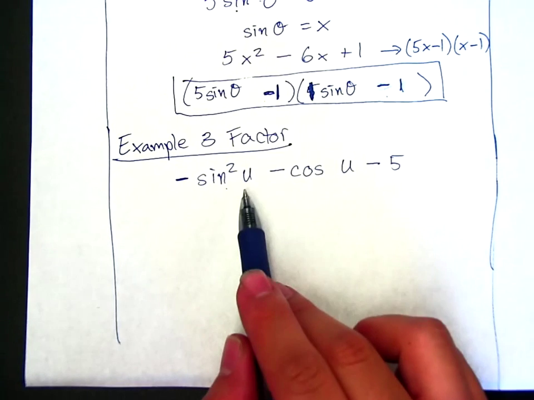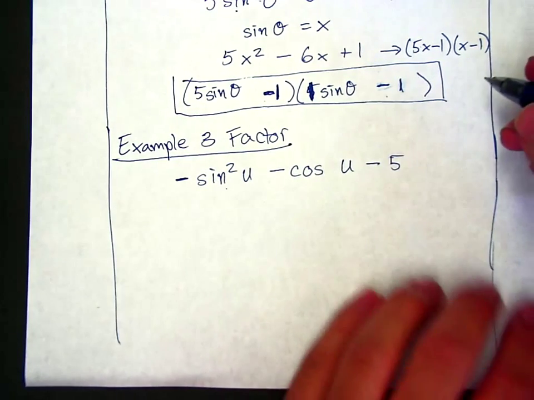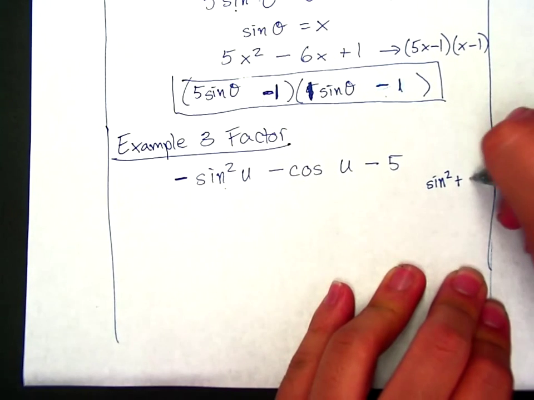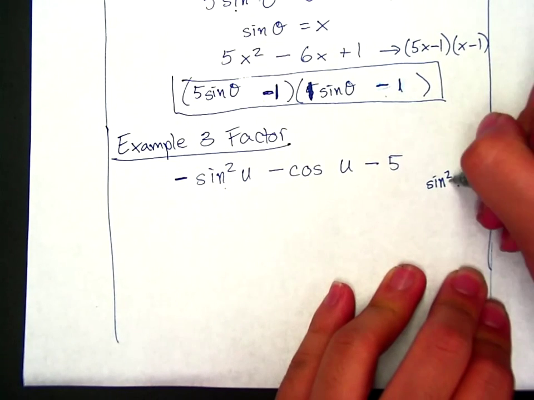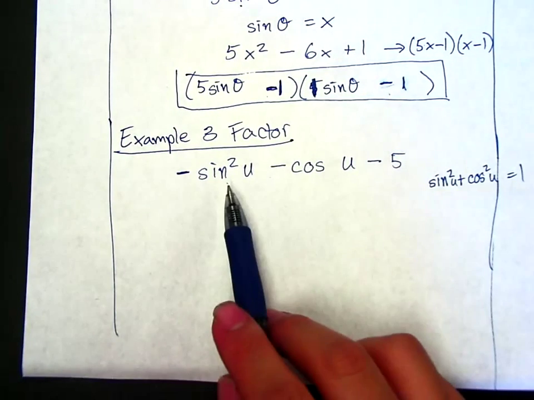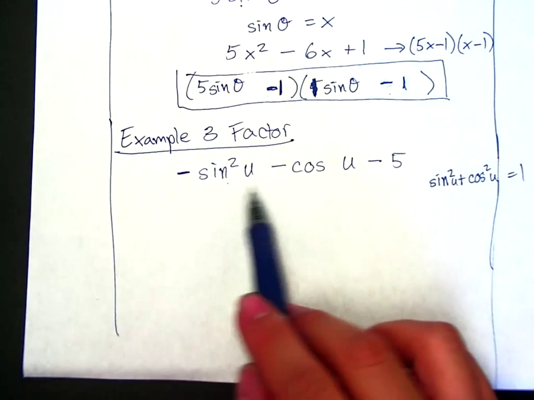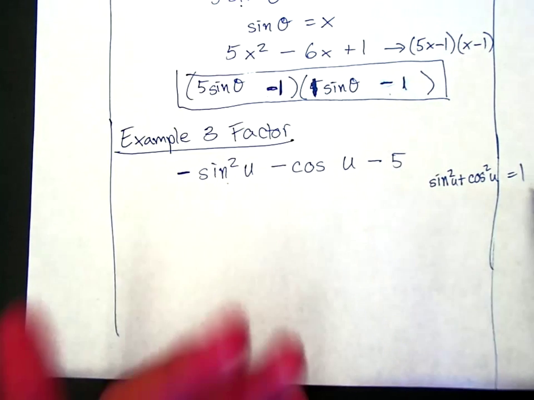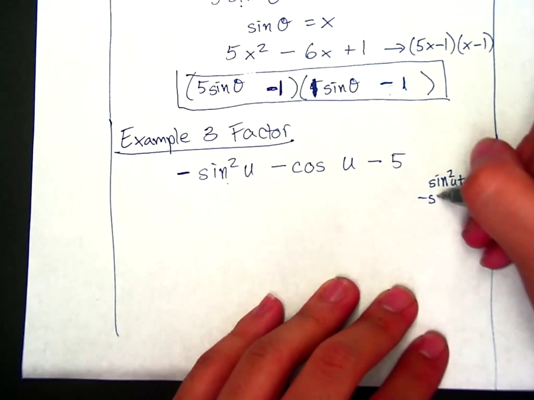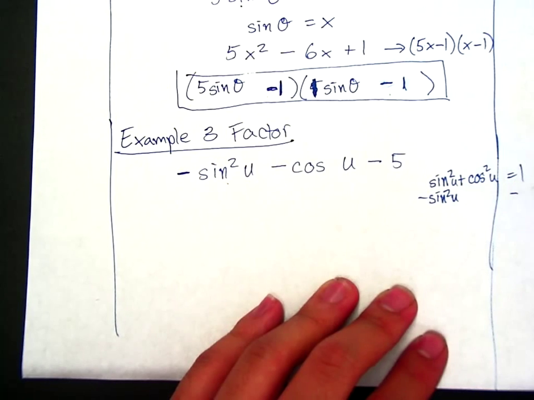Instead, I got to find a way to replace one of these. I'm going to go for the sine squared u because I know my trig identity is sine squared u plus cosine squared u is equal to 1. So somehow I want to change this guy into something that involves cosine squared u. So let's try this. Subtract sine squared u, so that way it's going to be negative.